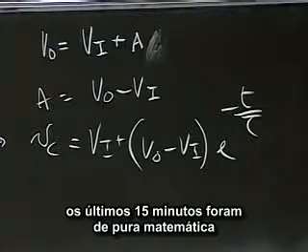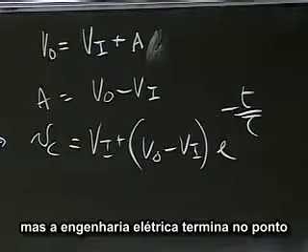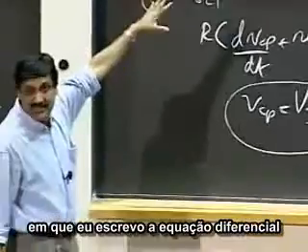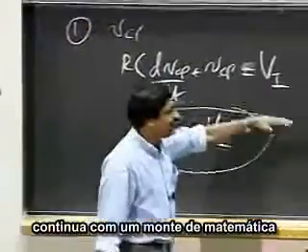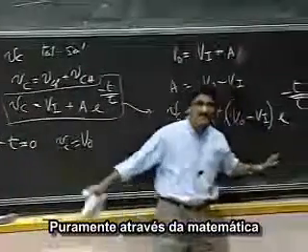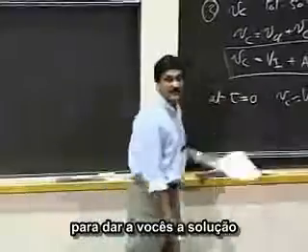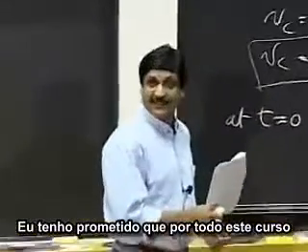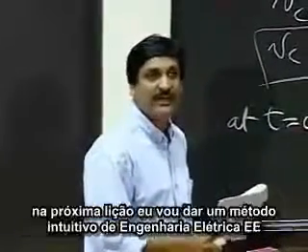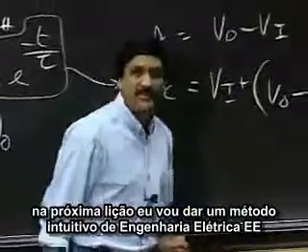Okay, so the last 15 minutes have just been math. Okay, no electrical engineering here, but electrical engineering stopped at the point it wrote this differential equation down, went through a bunch of math, and came up with the solution. Okay, purely mathematically. And as I've been promising you throughout this course, in the next lecture, I will give you an intuitive EE method of doing it.